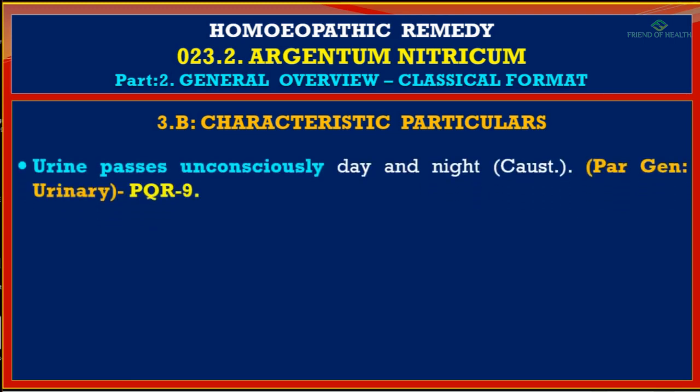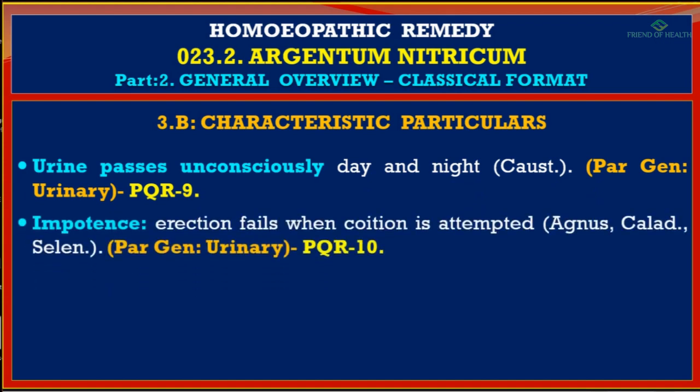Urine passes unconsciously day and night. If it is because of peripheral neuropathy, which is supplying the bladder, the remedy is Causticum. But if it is because of spinal cord involvement, like what I was talking about, then probably Argentum nitricum is the remedy. Impotence. Erection fails when coition is attempted.